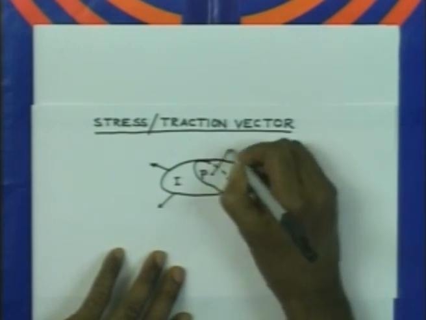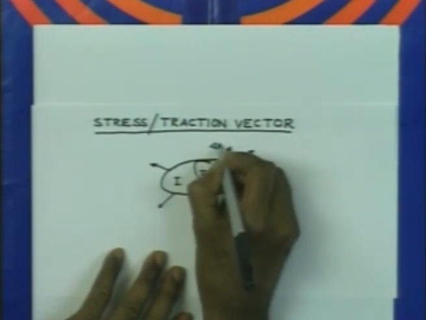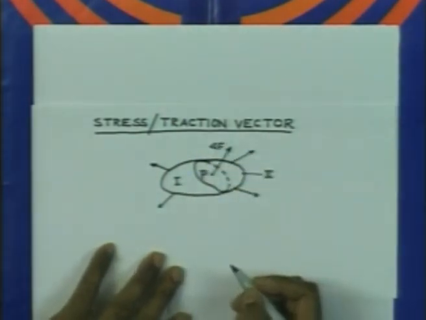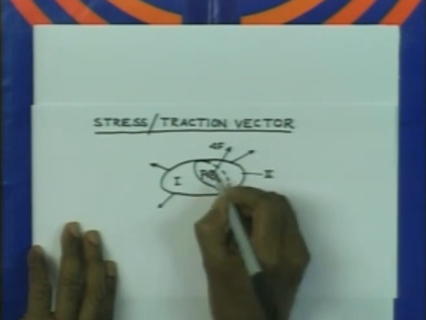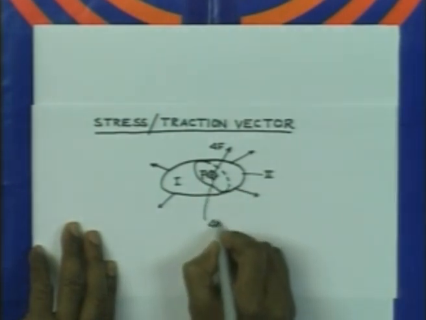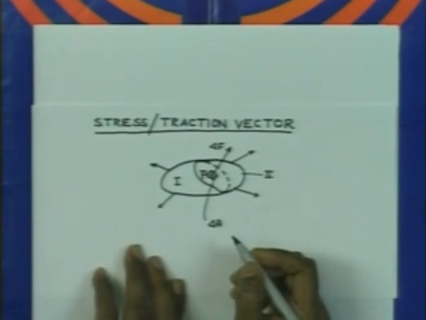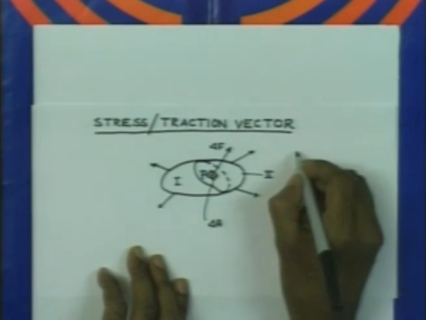So, we will consider that this force is equal to delta F. Now, if we just consider an area around this point, let us say this area, which we will represent by delta A. Now, delta F will have components.